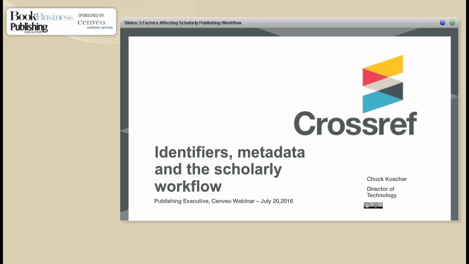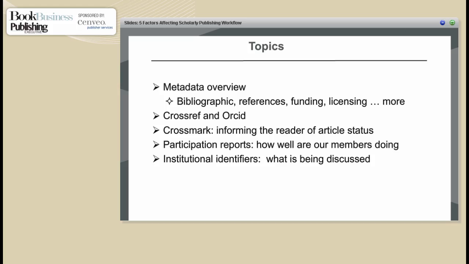I'm going to talk mainly about metadata, and metadata is essentially a very key element to all the things that move around within the scholarly framework and infrastructure right now, and we really need to all be paying particular attention to the detail of it all. So we'll touch on basic bibliographic metadata.